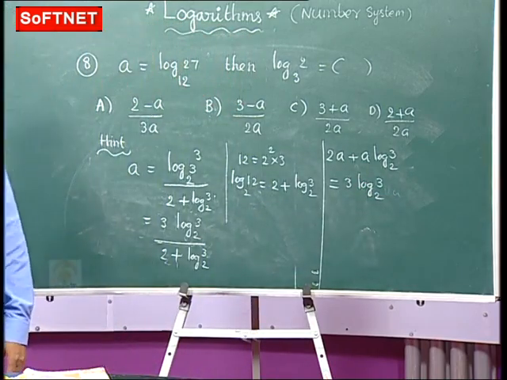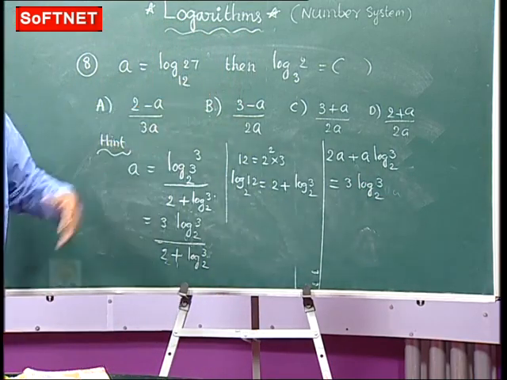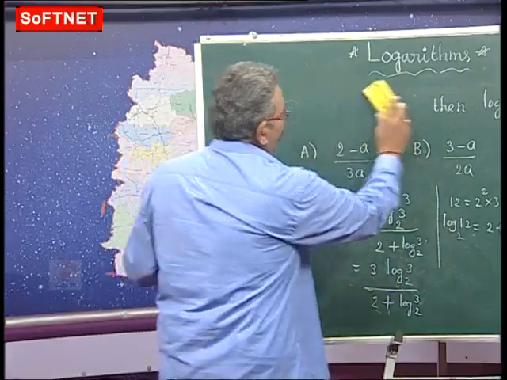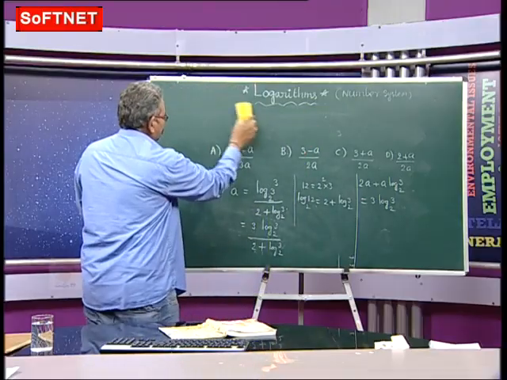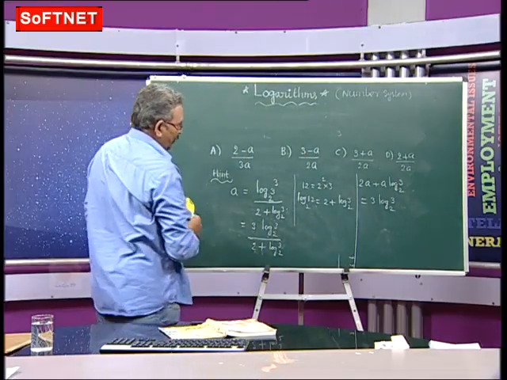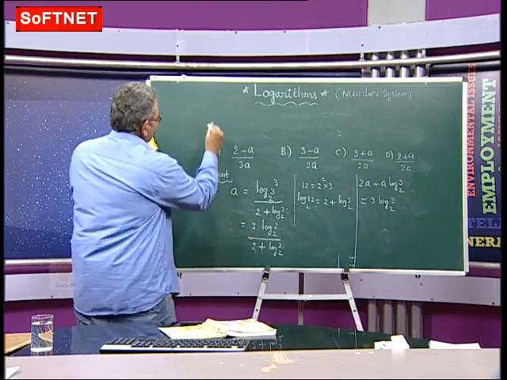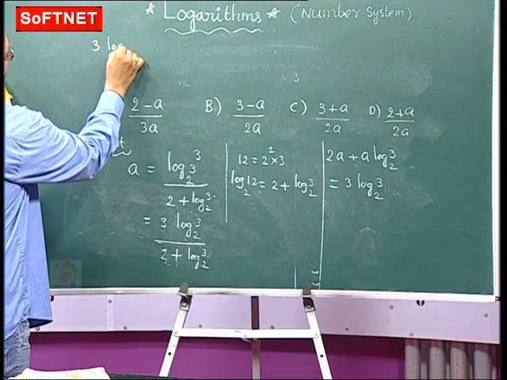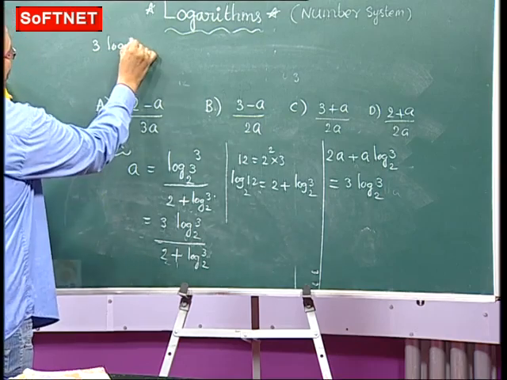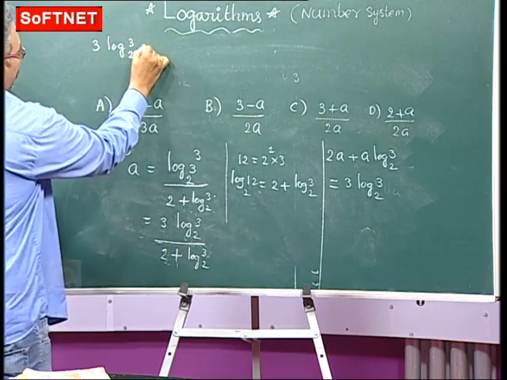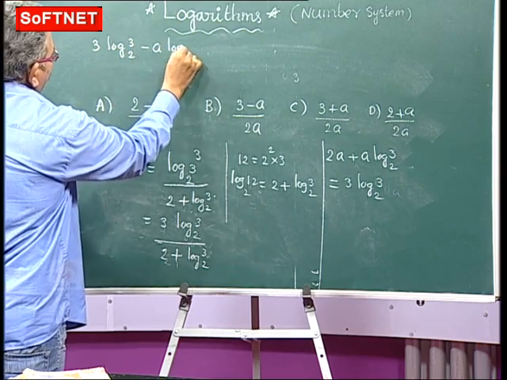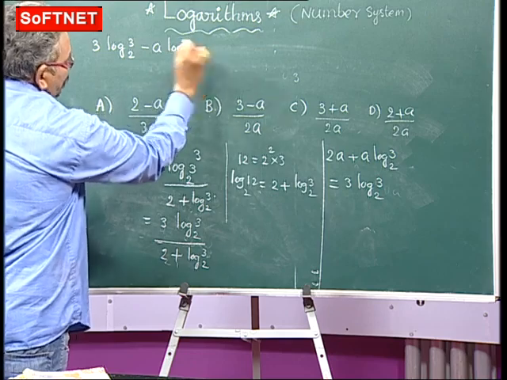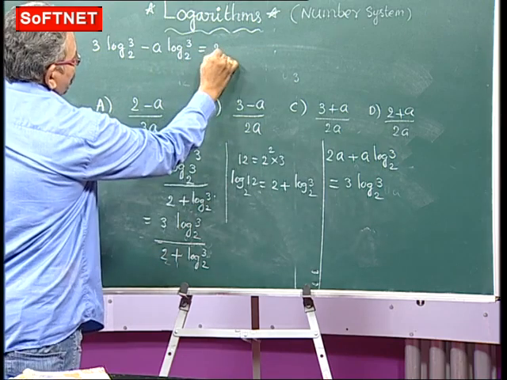So what is our aim? To find out log 2 base 3. Now this can be written as 3 log 3 base 2 minus a log 3 base 2 is equal to 2a.